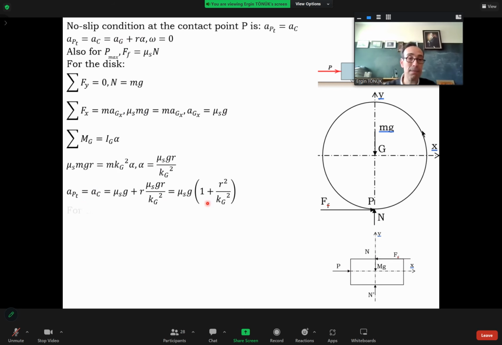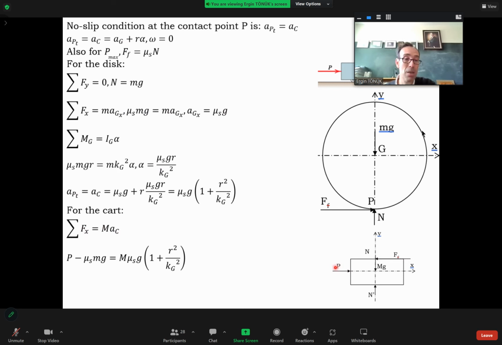Then I have an expression for the acceleration of the cart, which is actually this. I know its mass. And I substitute the forces in x direction.